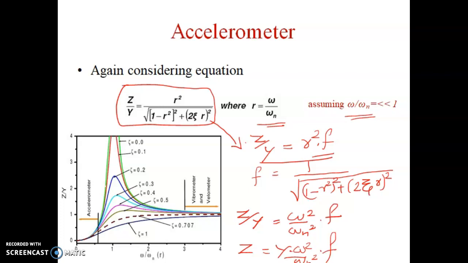And here we know that omega is the frequency of vibration of the body, and y is the displacement of the body. So frequency square into y is nothing but the acceleration. This one is the acceleration, and this acceleration we have to find using the instrument.